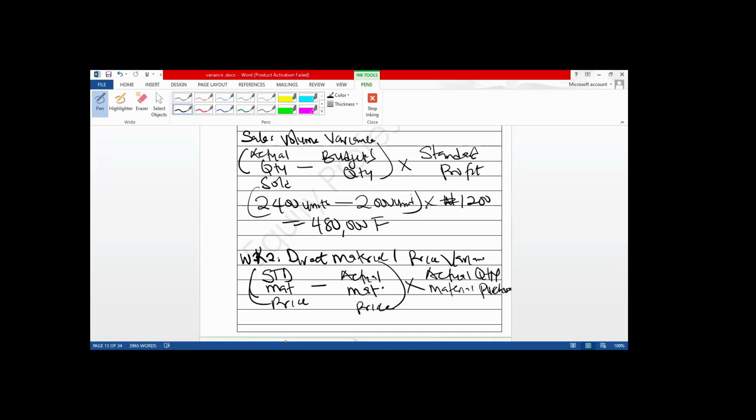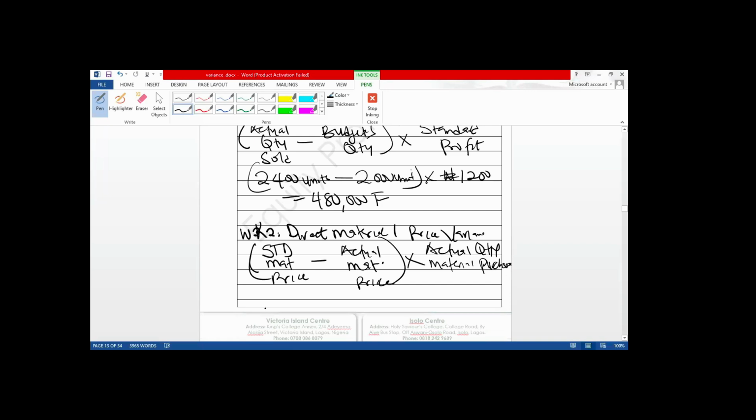Standard material price, go and check, per liter, 90 naira. Actual material price per liter, 120 naira. Actual quantity of material purchased in liter, 88,000 liters.